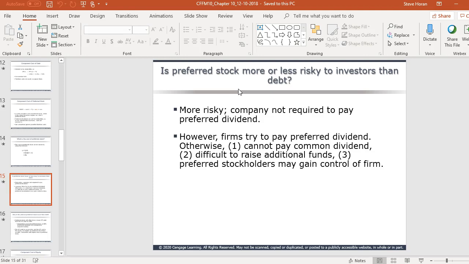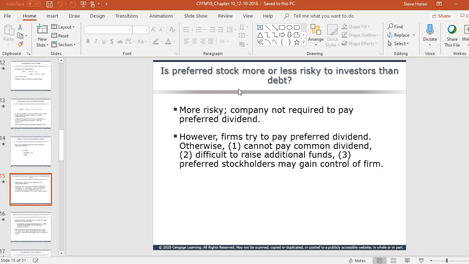It's riskier because companies are not required to pay dividends. When you have debt, you have to make your interest payments. If you stop making them, the bank could potentially come after you, sue you, to seek repayment. You can go a while without paying dividends, though.